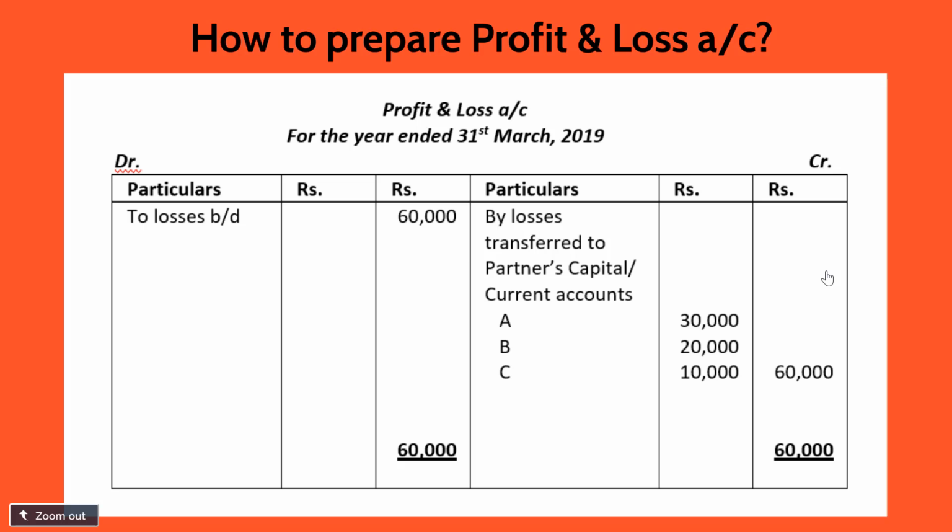The losses will be brought down to the debit of the profit and loss account, rupees 60,000, and these losses will be transferred to the partners' capital accounts in 3:2:1 ratio. Loss for A is rupees 30,000, share of loss for B rupees 20,000, and share of loss for C is rupees 10,000.